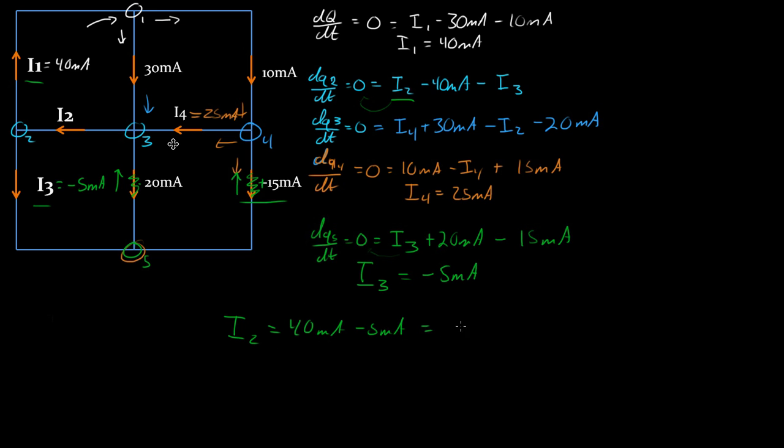So what we get is 35 milliamps, right? Because we have 5 milliamps coming in this way, and we have 40 going out that way. So that means we must have 35 coming in this way. So 35 milliamps. I think we have everything solved. We have I1, I2, I3, and I4 solved for. So that is how you use Kirchhoff's current law to solve a very simple circuit.